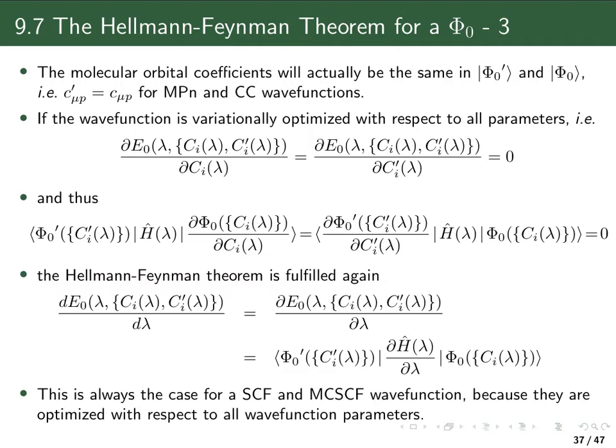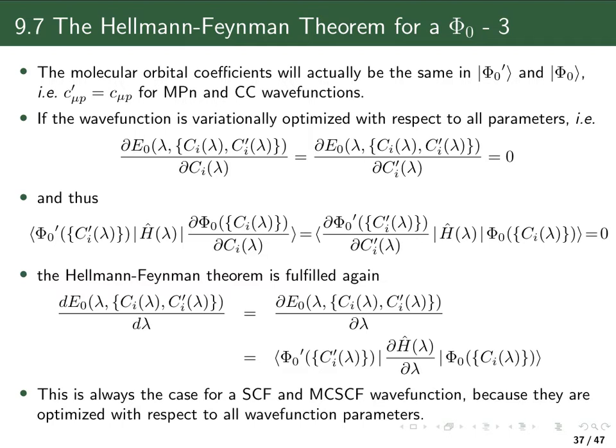That means that for the Hellmann-Feynman theorem, for the derivative of the energy with respect to the parameter lambda, the only term which survives is the direct derivative of the energy with respect to lambda, which is the expectation value of the derivative of the Hamiltonian with respect to lambda.